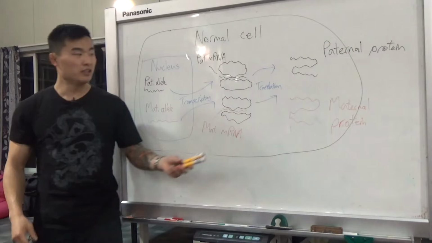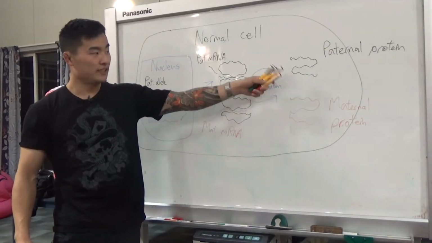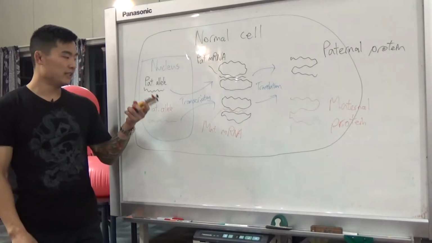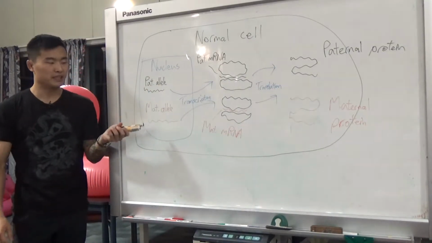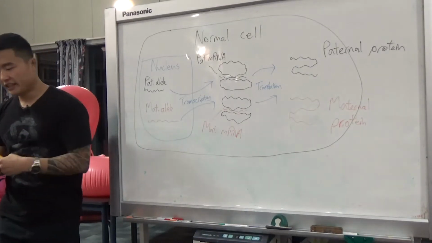So in a normal cell, you're going to have proteins that have been expressed from the paternal allele and proteins that have been expressed from the maternal allele, and that cell is going to be healthy, okay?